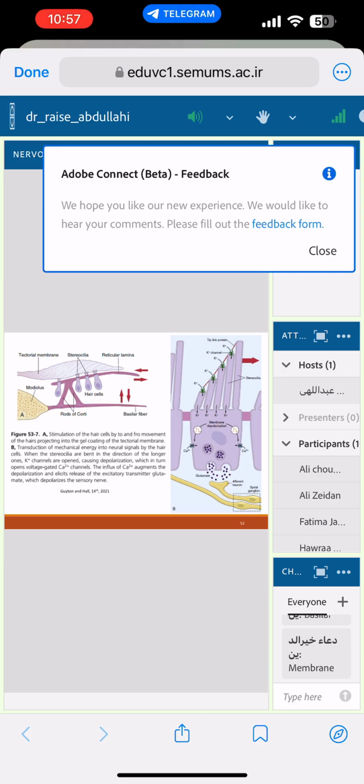So this is the simple explanation of the creation and transmission of action potential, excitation of the auditory system. Okay?